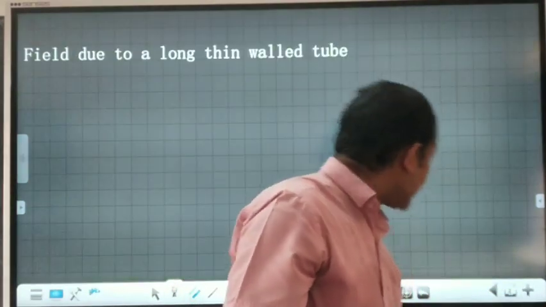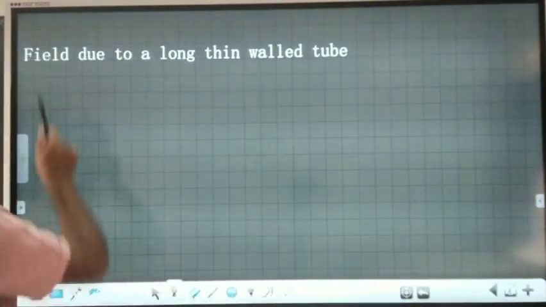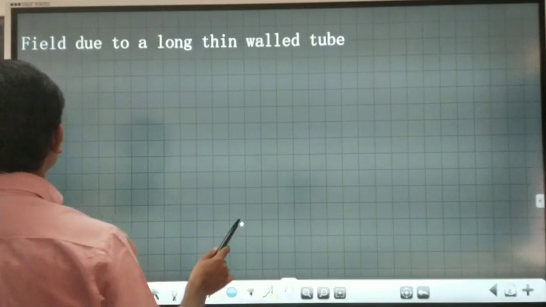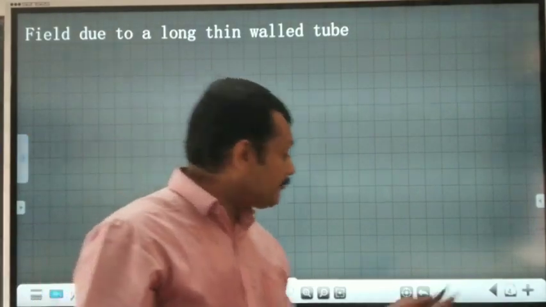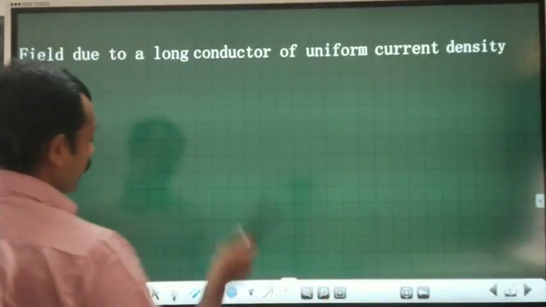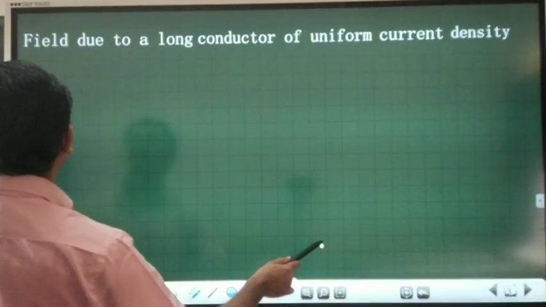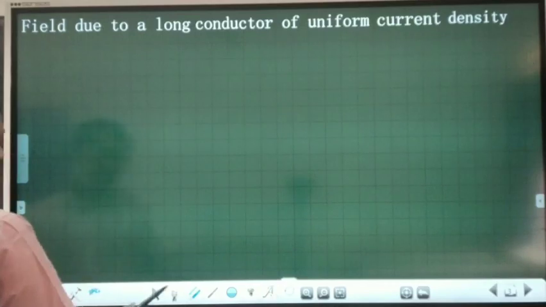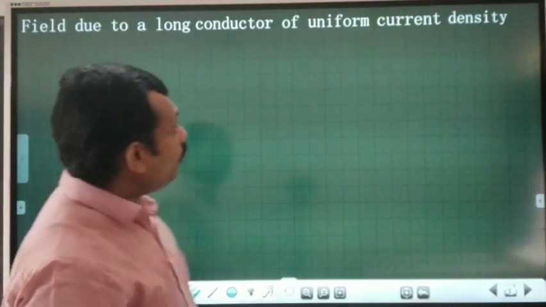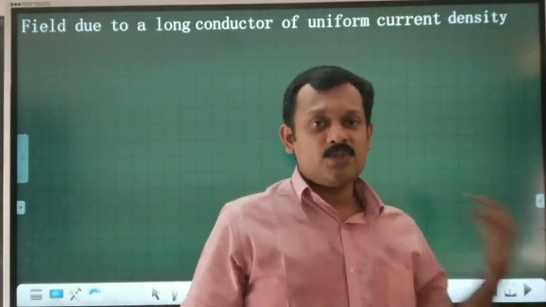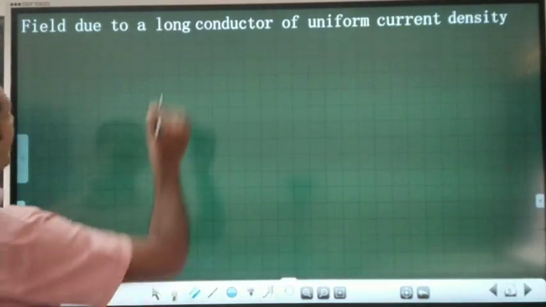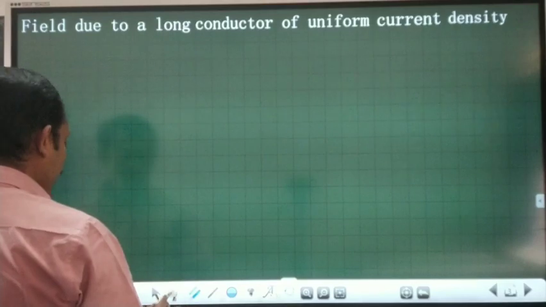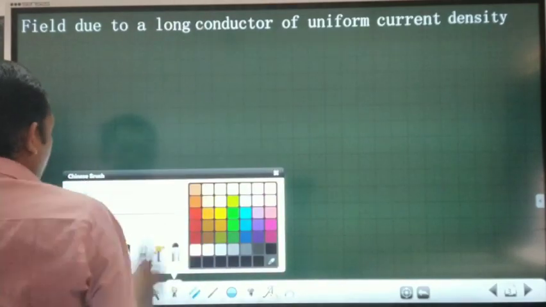Now we will take the next example. This is the second one I am discussing: field due to a long conductor of uniform current density. It's a long thick conductor I am considering.